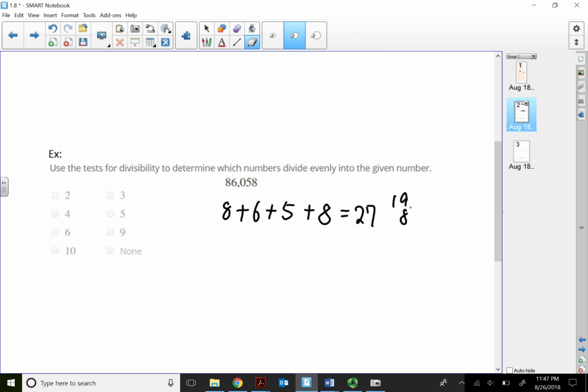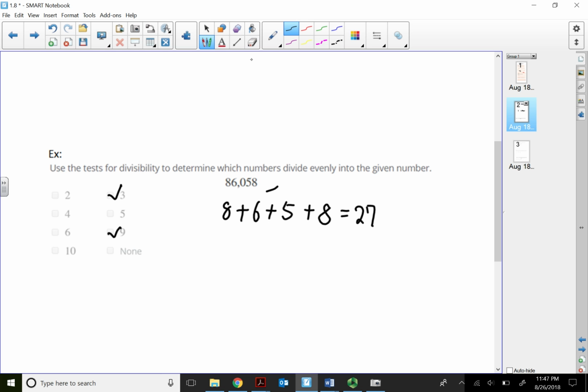Awesome. I know by divisibility by 3, if 3 can go into the sum of its digits, that means 3 can go into this big old number. Check. If 9 can go into the sum of its digits, which is 27, and 9 does go into 27 3 times, that means 9 can go into this big old number.